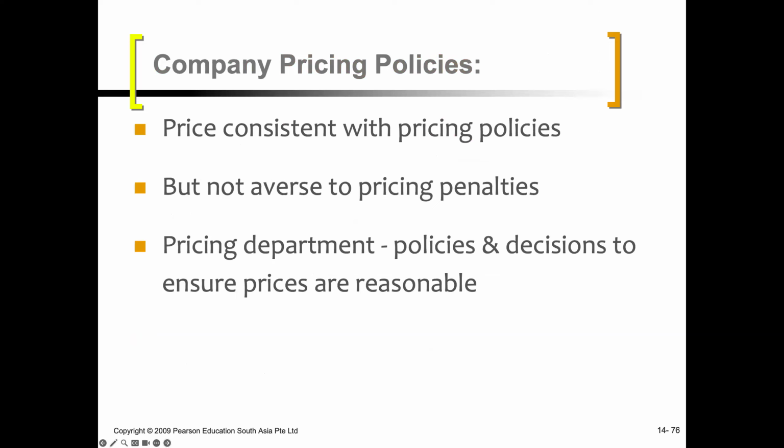Some companies have a pricing policy. The price should be consistent with the pricing policy, but not averse to pricing penalties. The pricing departments' decisions and policies must be implemented thoroughly to ensure the prices are reasonable.